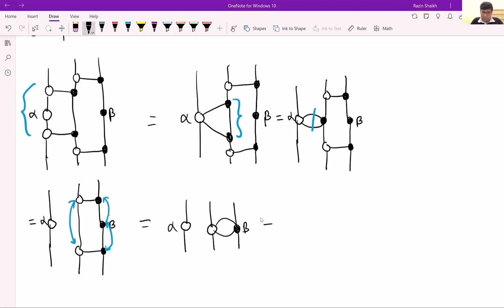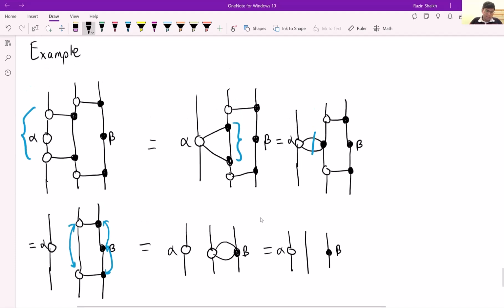Again, we can apply the leg chopping rule, giving us this in the end. But this 1 input, 1 output wire spider is just a wire, so I can write it also like this. So we have simplified a very complicated looking diagram to something quite simple, which is just 2 spiders on the first and the third wire with an angle alpha and beta on it.